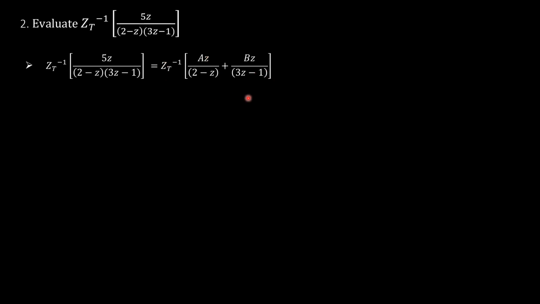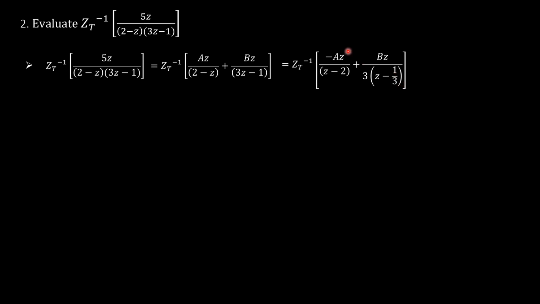To make it standard form, take minus outside from the first term and 3 outside from the denominator of the second term, so that you will get the inverse z transform of minus A into z divided by (z minus 2) plus B into z divided by 3 into (z minus 1 by 3).